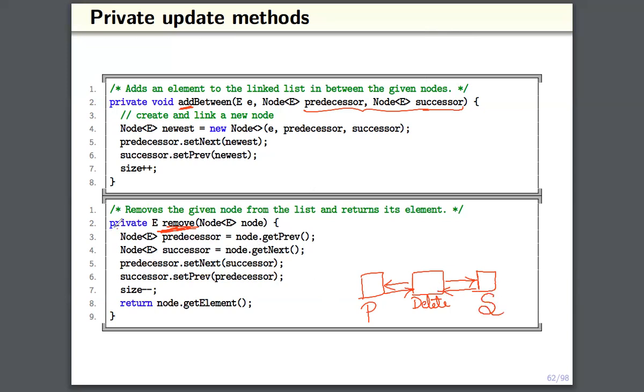That means you can compute it. You don't need these two as input given in the parameters, right? Now what do we do? Predecessor dot set next is successor. Successor dot set previous is equal to predecessor. That means these links are gone. Make sense?